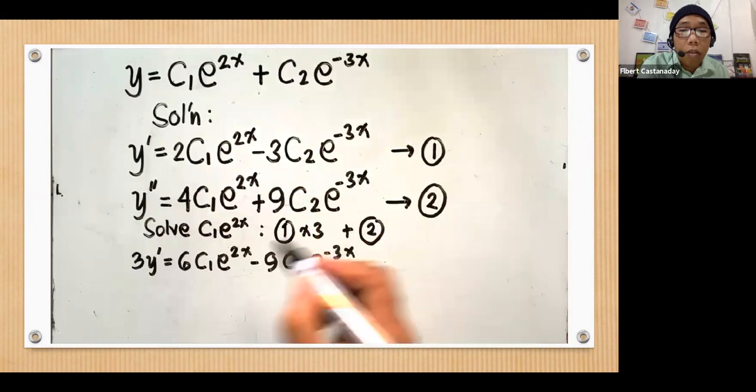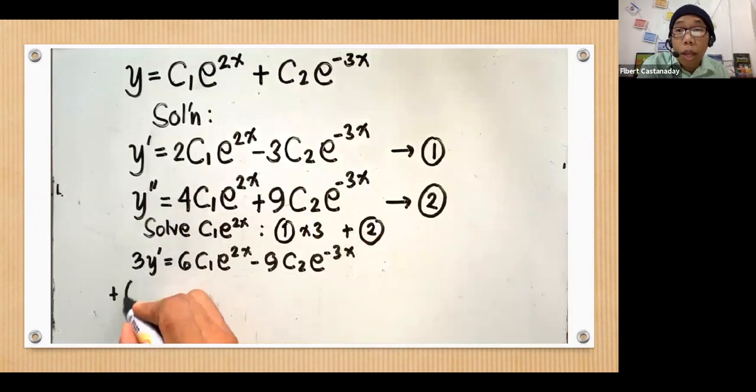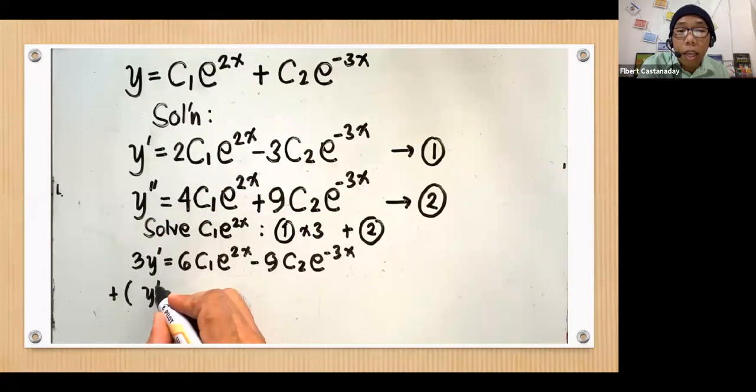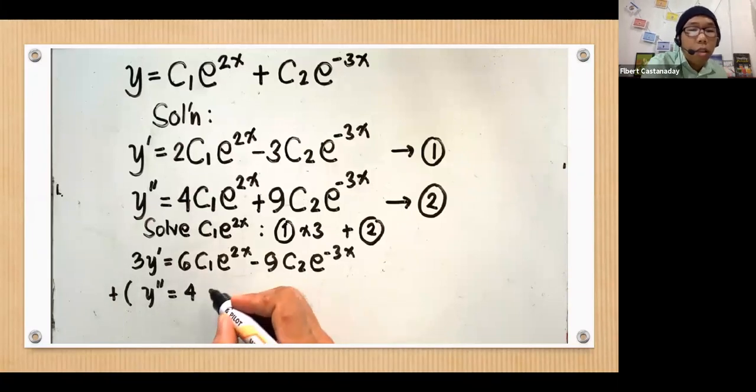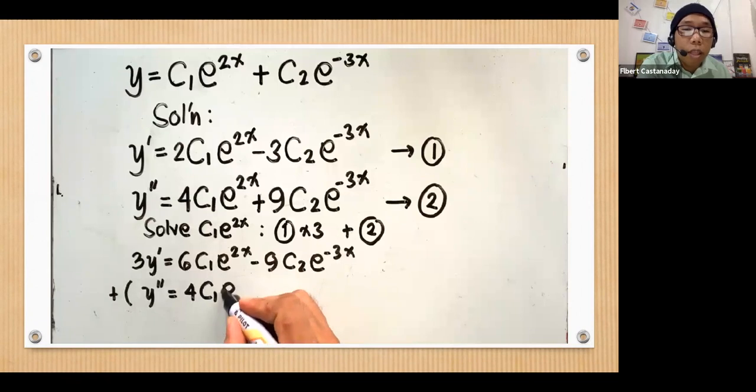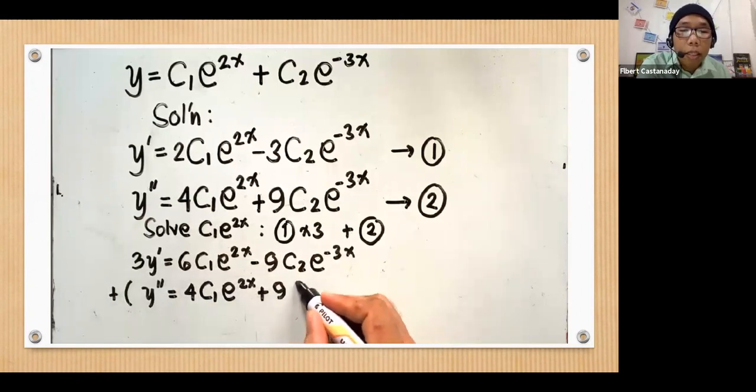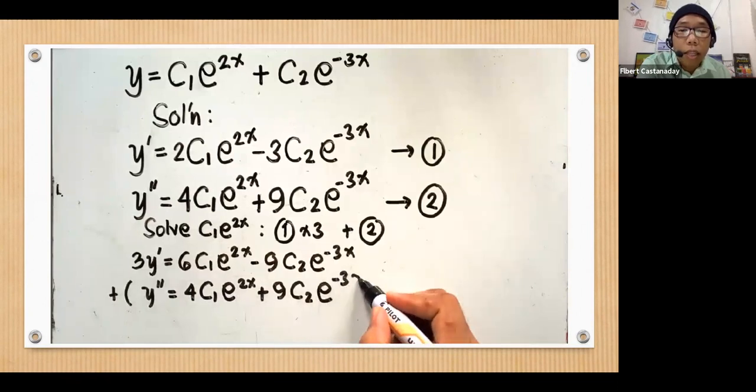Okay, so this is now the equation 1 multiplied by 3. I will add now equation 2, and that is y double prime equals 4c sub 1 e raised to 2x plus 9 c sub 2 e raised to minus 3x.